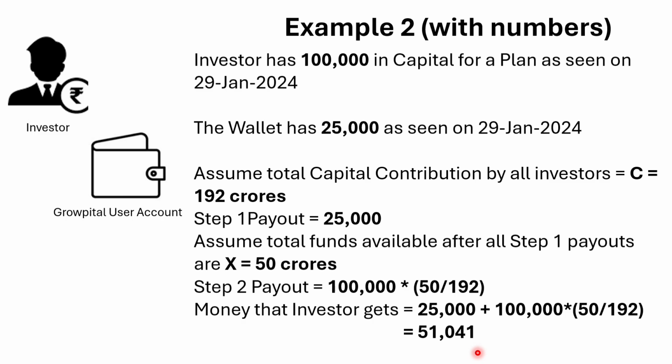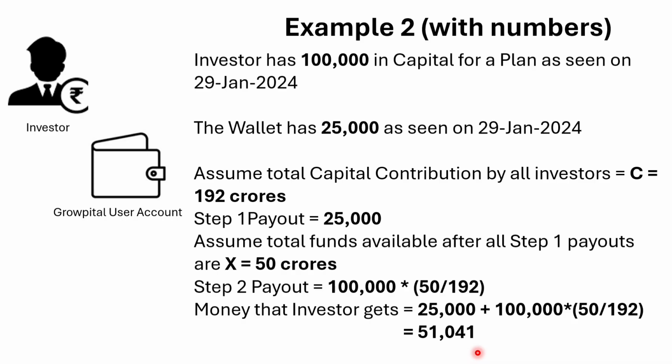So the investor has 1 lakh in capital with the plan. His wallet, the user account, has 25,000 as seen on 29 Jan 2024. And let's assume that the total capital contribution by all investors is 192 crores. So as part of the step 1 payout, he gets his entire 25,000 back.